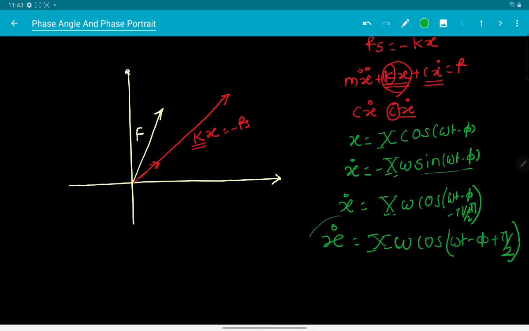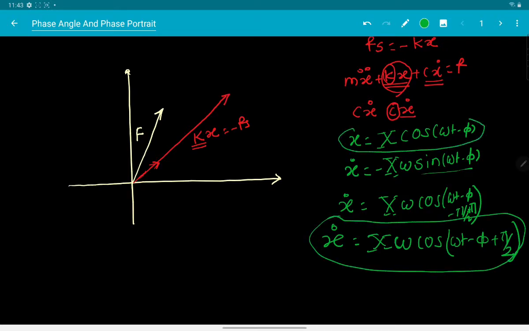This is the expression of x dot, and this is the expression of x. Obviously there is some change in amplitude, but the phase of x dot is pi by 2 more than the phase of x, which essentially means that velocity will lead displacement by pi by 2 amount of angle.